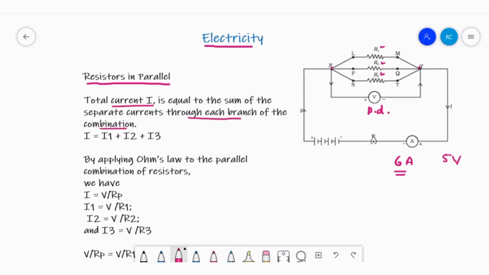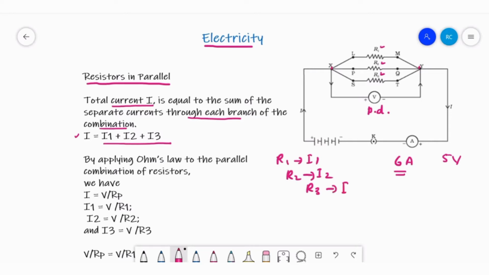So the total current I is equal to I1 plus I2 plus I3. I1 is the current of the resistor R1, I2 is the current of the resistor R2 and I3 is the current of the resistor R3. Okay. So R1 will have the current I1, R2 will have the current I2 and R3 will have the current I3.